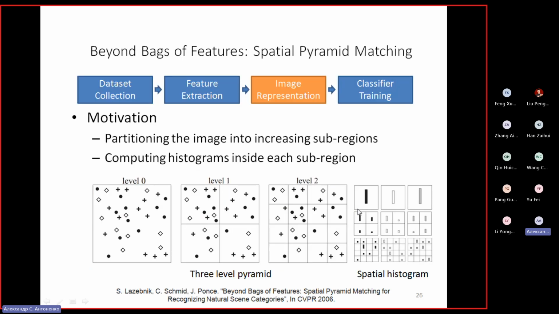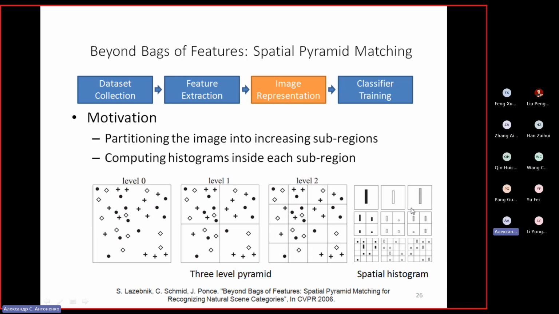We can fight this by doing it not only on the full image, but dividing the image into subregions, finding features in each subregion, and computing histograms for each subregion.